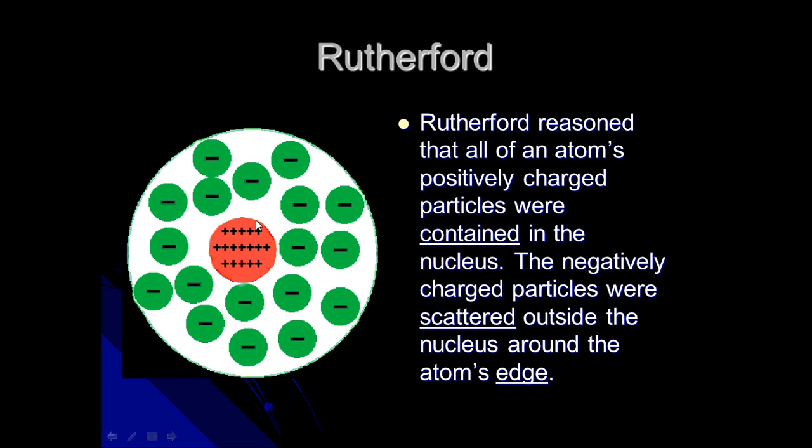So instead of a sea of positive with electrons spread throughout, there was this dense nucleus. Rutherford is responsible for the discovery of the nucleus, and around it electrons are floating around. Remember, opposites attract, so those electrons are attracted to the positive nucleus and stay relatively close to it.